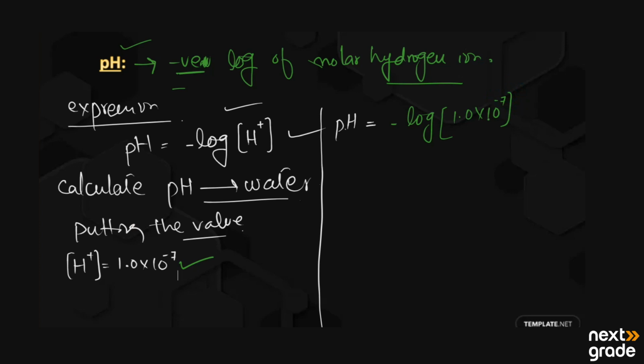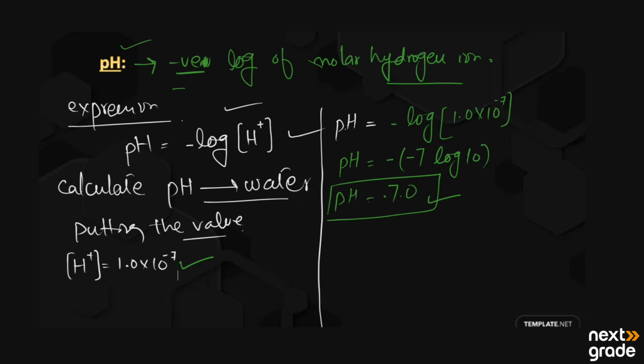By solving this, we get negative of negative 7 times the log of 10, which gives 7.0. So the pH of pure water is 7.